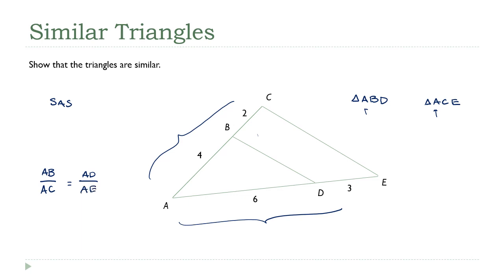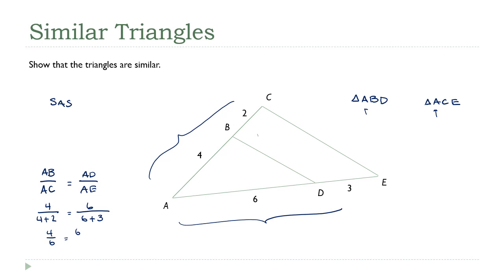All right, well, let's put some numbers in here and see what happens. AB is 4. AC is 4 plus 2. AD is 6. AE is 6 plus 3. All right, 4 over 4 plus 2, this is 4 over 6.